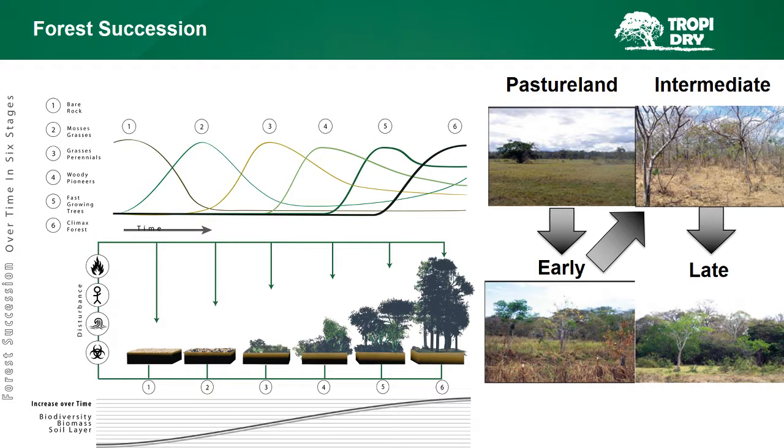And you start to see a little bit more developed undergrowth of the forest, and trees start to get taller as well, usually around 15, maybe 20 meters in height. And this can last up until 20 to 30 years.